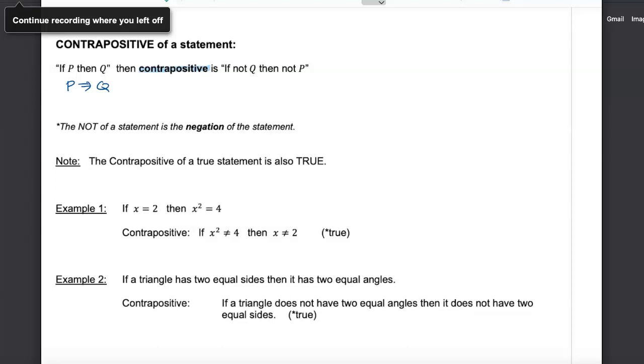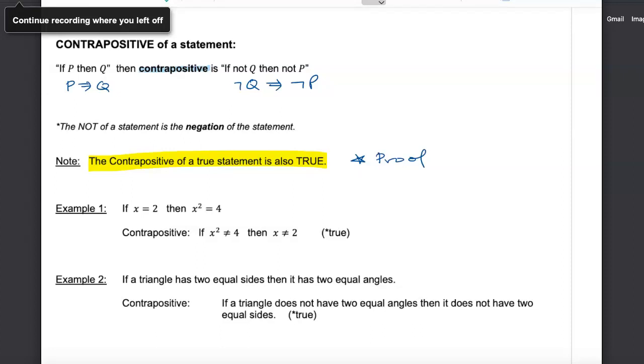So what this is saying is if not Q, then this implies not P. What is really important to note about the contrapositive is that it is also a true statement. This is very handy when we're trying to complete a proof, because sometimes it might be hard to prove the initial statement, but perhaps we can turn it around and prove the contrapositive.